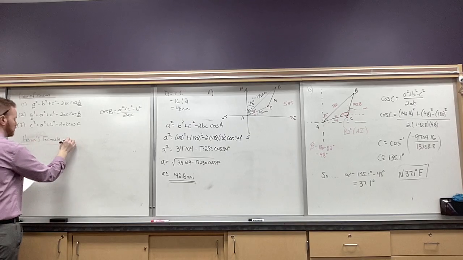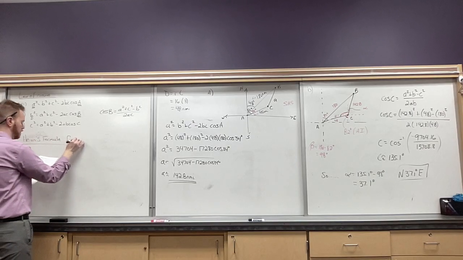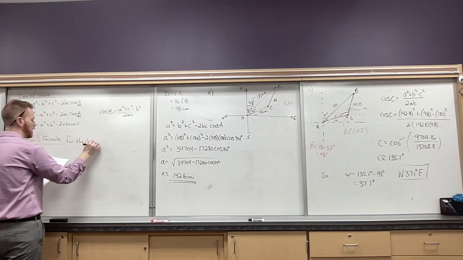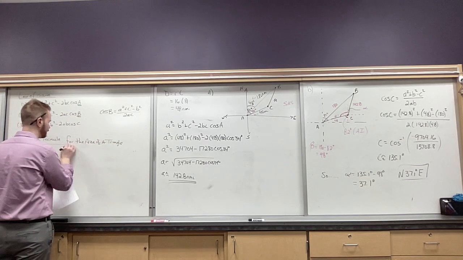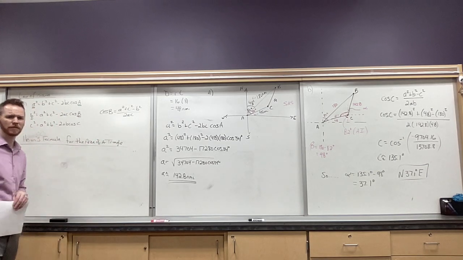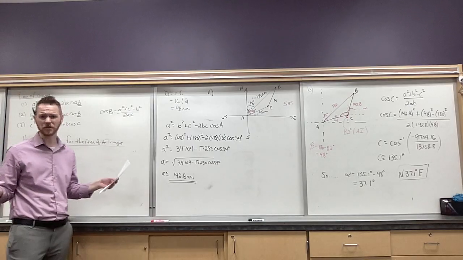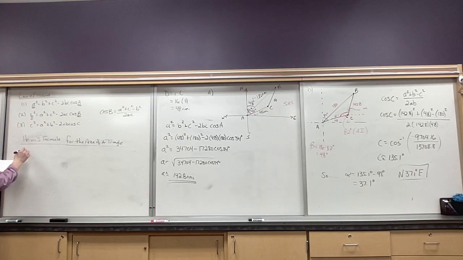And this is to find the area of a triangle. There are so many ways to find areas of a triangle. In fact, if you remember from algebra, we did it with matrices too.